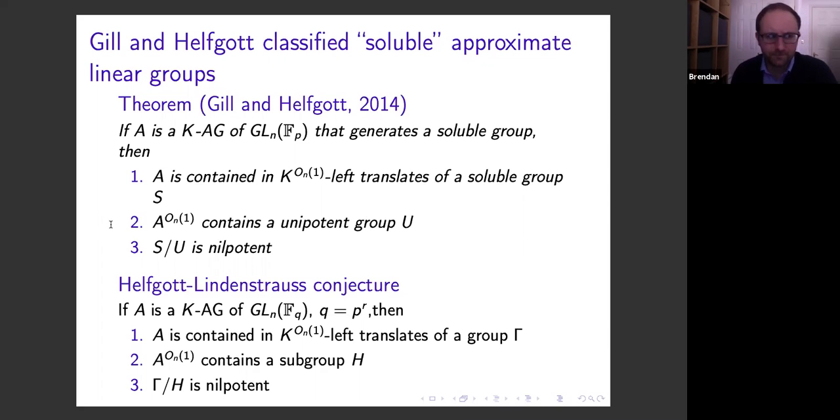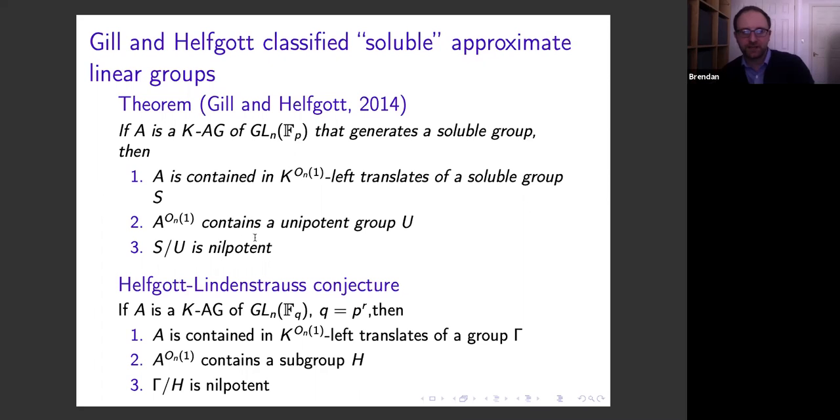And this is qualitatively the best you can hope for, because as we saw with the nil progression, you can have a subset of a nilpotent group that grows very slowly. And so actually Gill and Helfgott combined the result with the result of Matthew Tointon to get even more precise structure.